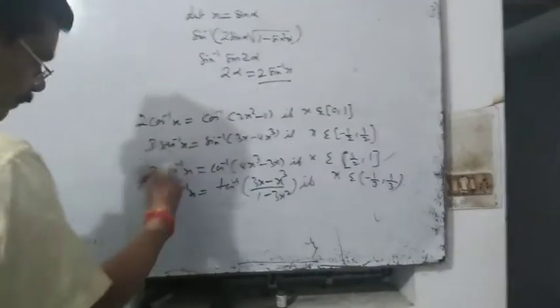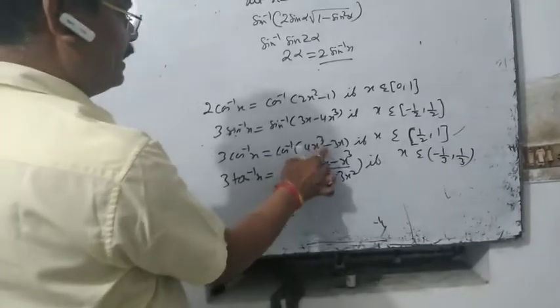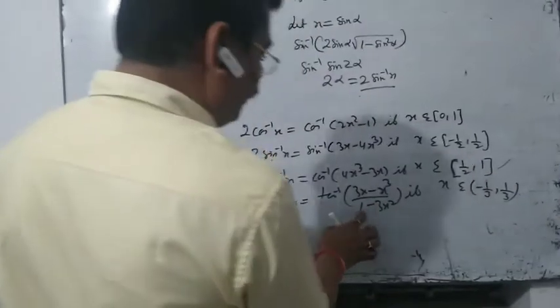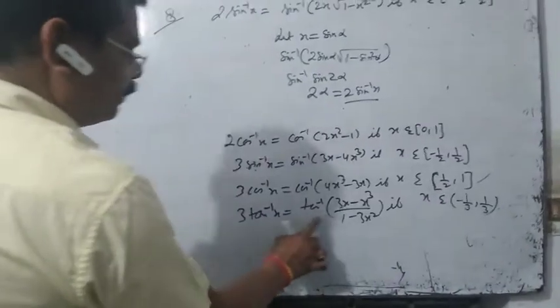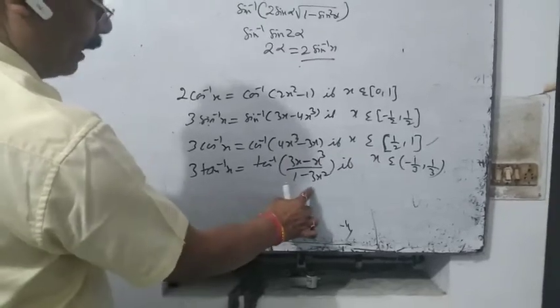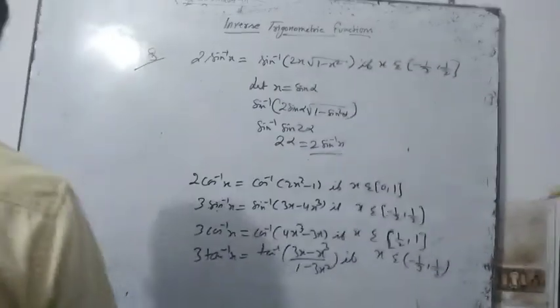Similarly, in cos inverse of 4x cube minus 3x, putting the value of cos alpha in place of x. And in this question, putting the value of tan alpha in place of x, then you can write tan inverse of (3 tan alpha minus tan cube alpha) upon (1 minus 3 tan square alpha). That is tan 3 alpha, means 3 tan inverse x.